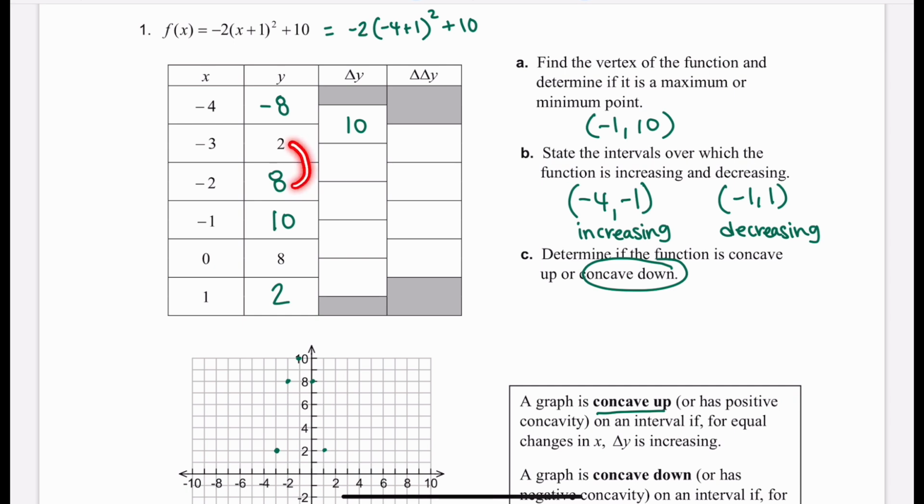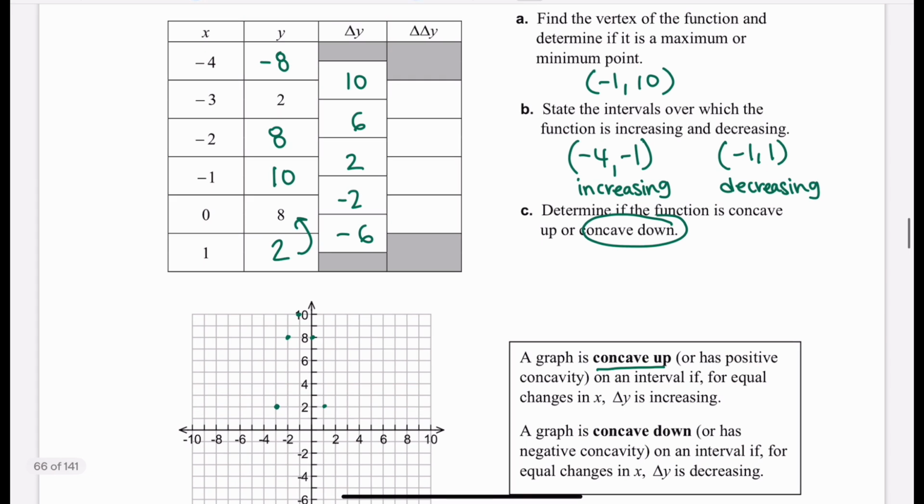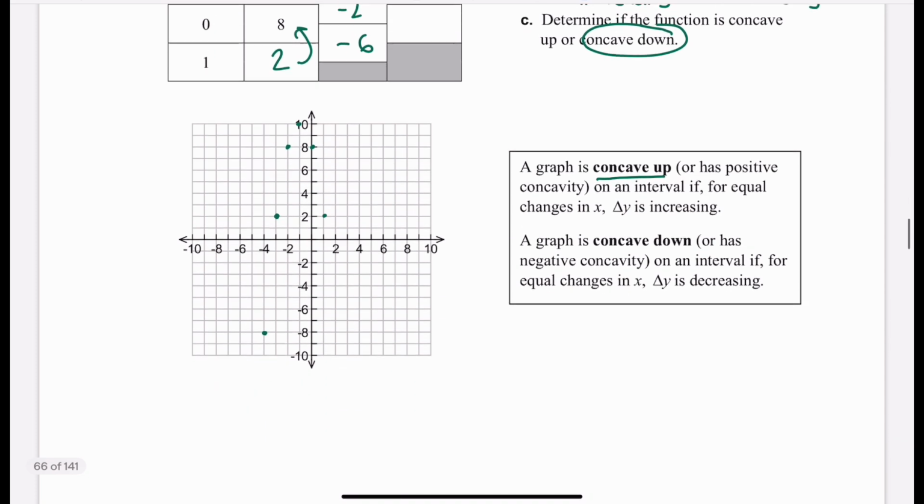If I take 8 minus 2, that gives me 6. 10 minus 8 gives me 2. 8 minus 10 is a -2. And 2 minus 8 is a -6. So since that delta y is decreasing, it's going to be concave down and give us kind of a frowny face. What's concave down? It's just pointing down.